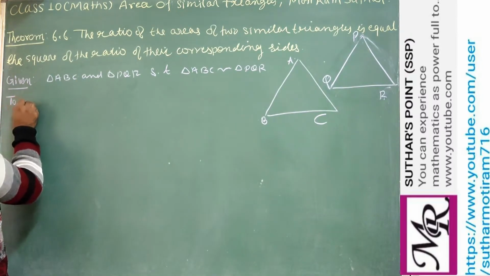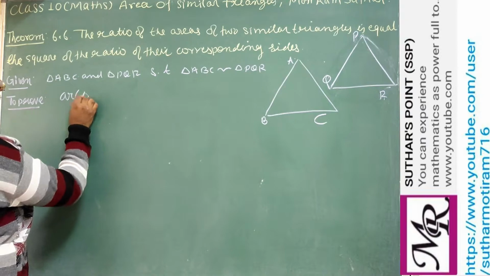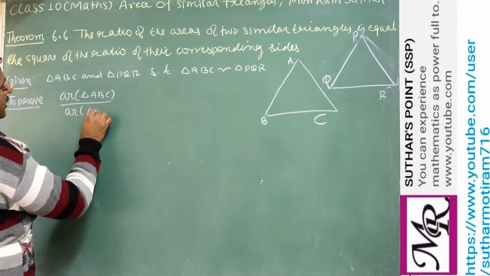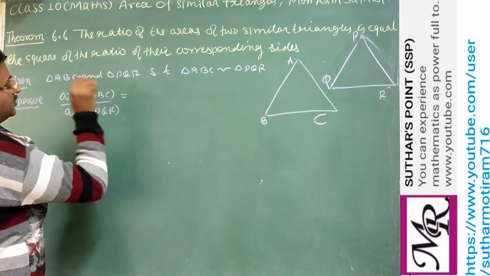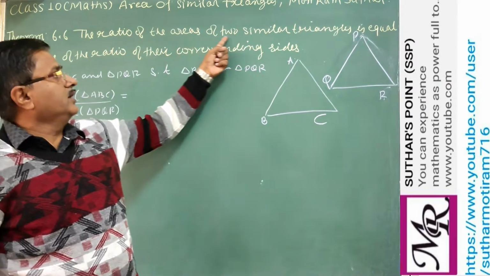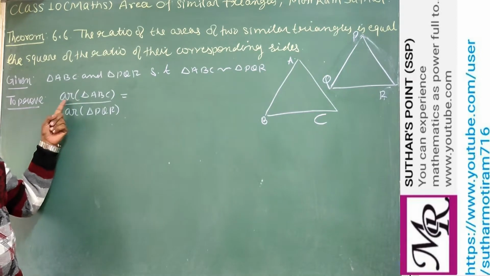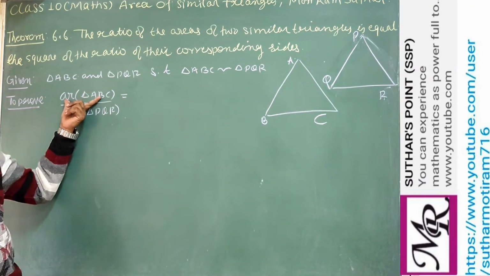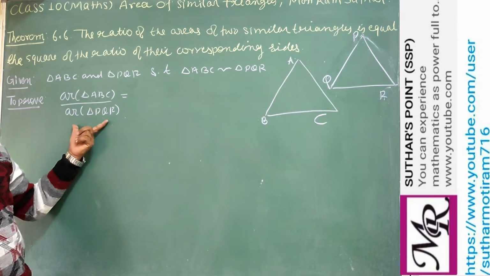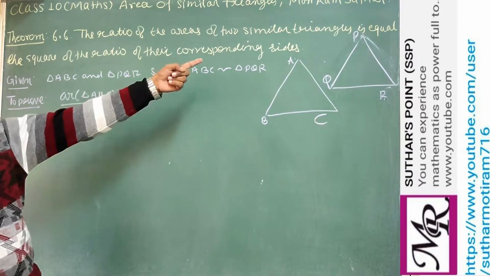So what do we want to prove? We want to prove that the ratio of the area of triangle ABC upon the area of triangle PQR should be equal to what the statement said, the ratio of the areas of two similar triangles. Symbolically, as in 9th class, ar(triangle ABC) means area of triangle ABC, and ar(PQR) means area of triangle PQR, should be equal to the square of the ratio of their corresponding sides.